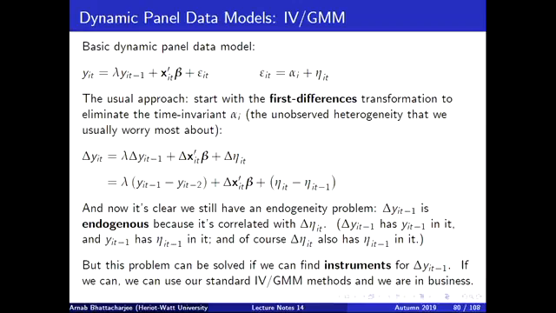There is yit minus 1 here, and there is eta it minus 1 here. Those two are correlated. That is straightforward: if you write this equation for period t minus 1, you can see that eta it minus 1 will be here, and yit minus 1 will be there, so the two will be correlated.